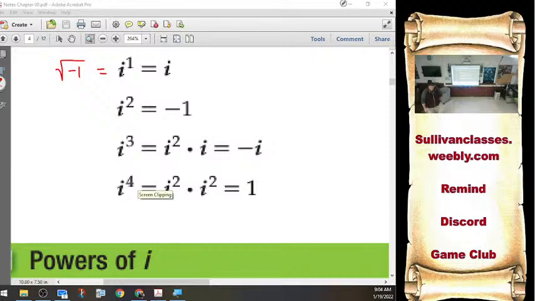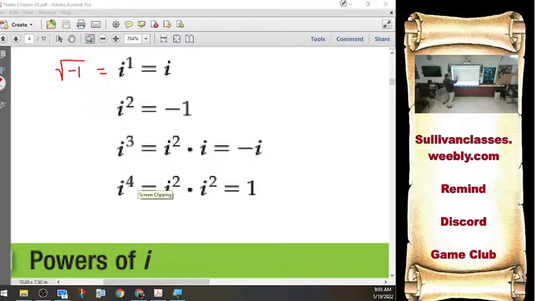Negative 1 times negative 1? Also 1. The only way to get a negative is to multiply by an odd number of negatives. So if I have an even index, a square root, how can I take an even number of negatives to make a negative? It's not possible, right? So we put i as a placeholder for that.